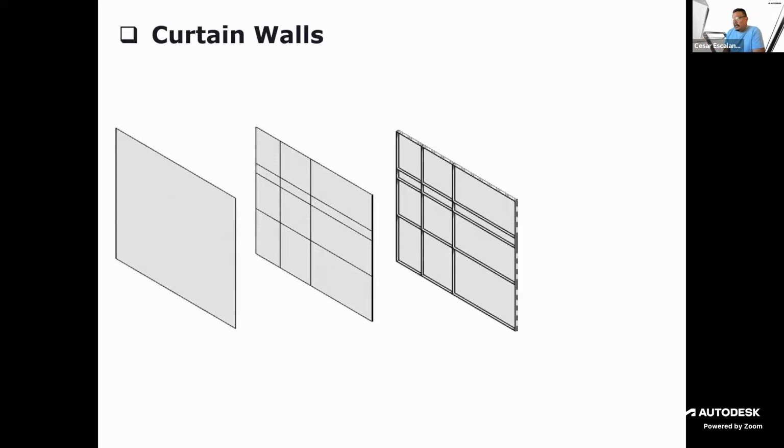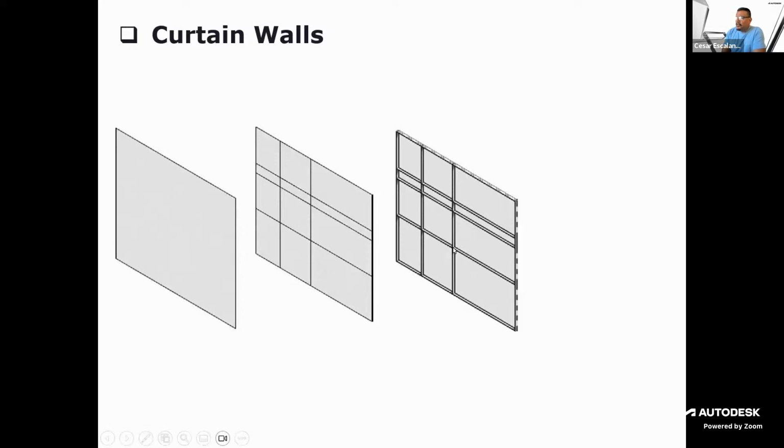You can just download them. Like if you go to Kawneer, for example, they have all the portfolio products in Revit format, and you can just pick and choose the type of curtain wall that you need.